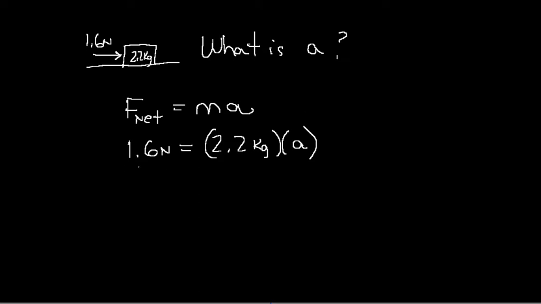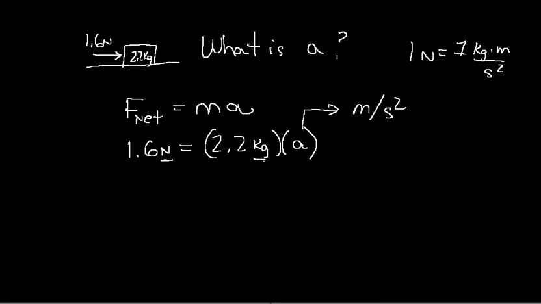But if our force is measured in newtons and our mass is measured in kilograms, then our acceleration will be measured in meters per second squared. That's the way this works out, because remember, 1 newton is equal to 1 kilogram meter per second squared. And that's how the units will work out.